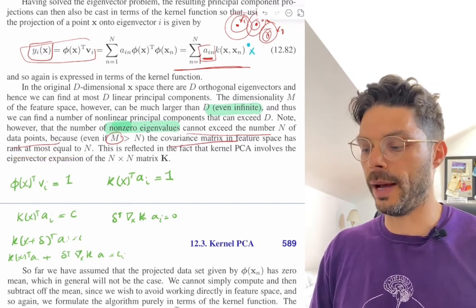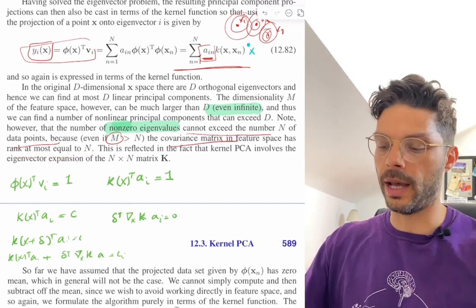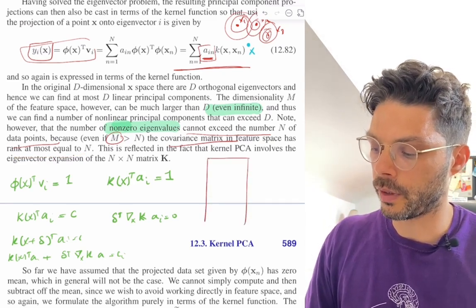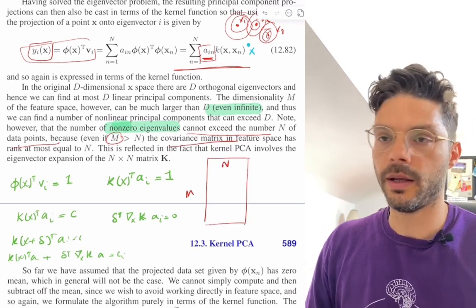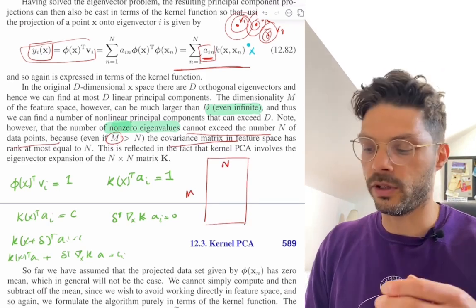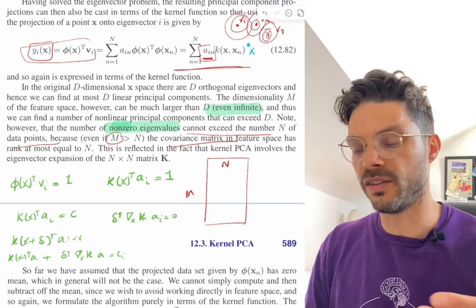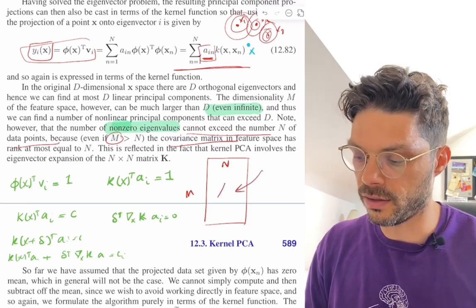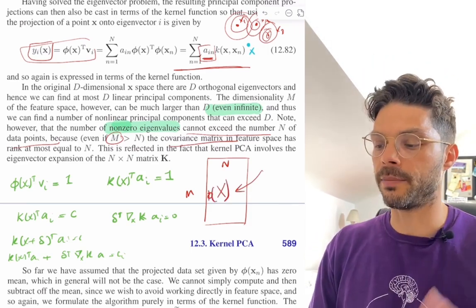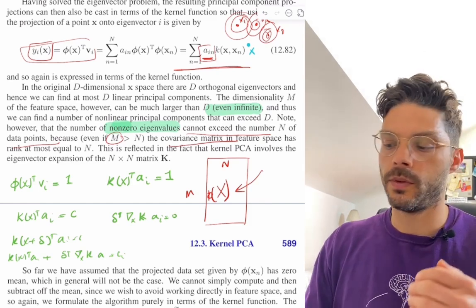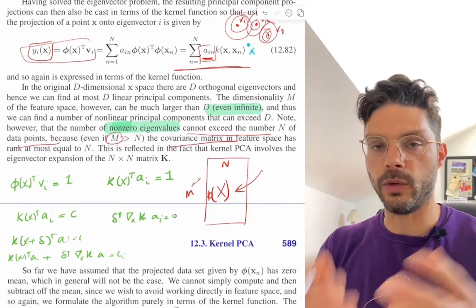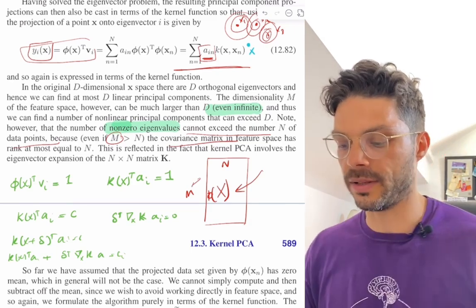Now you can imagine you project your data into your M-dimensional space, so this is M by n, and now you compute the covariance of this data, which is your data phi(x). Well, the number of non-zero eigenvalues is going to be at most the smallest of these two, the smaller of M and n. So when you form the covariance matrix, you'll see that that's the case.